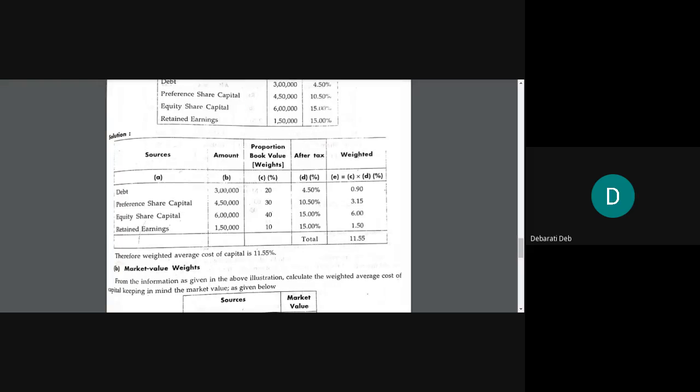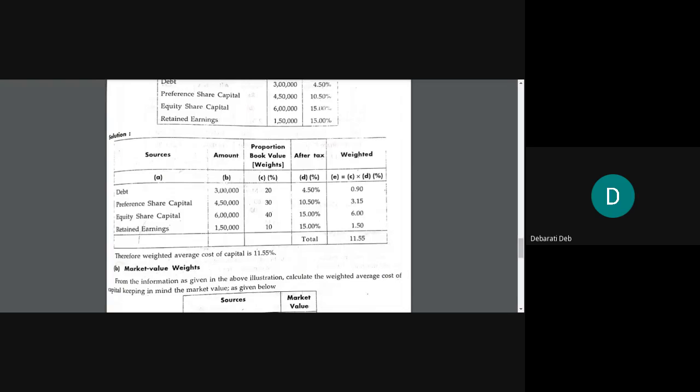Under the sources column: debt, preference share capital, equity share capital, and retained earnings.